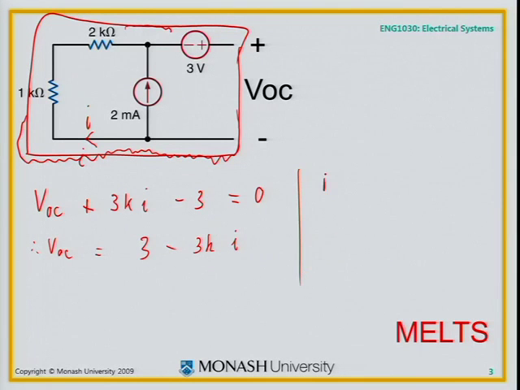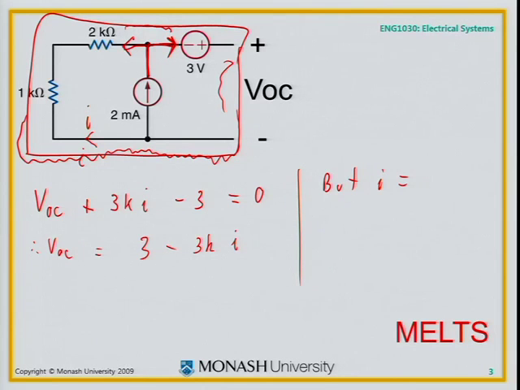But what's I? Well, look at this. I've got 2 milliamps going up here. How much current goes in that direction? None. This is an open circuit here. Infinite resistance. No current will go in that direction, so therefore the whole 2 milliamps will flow around that way.